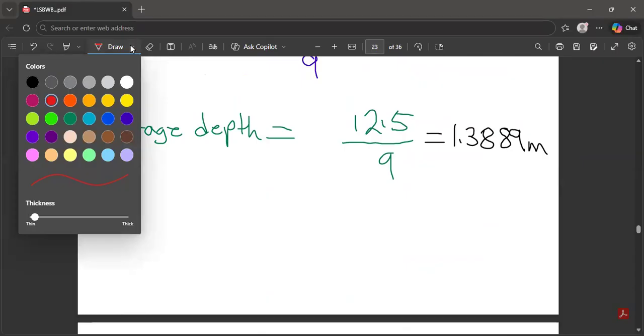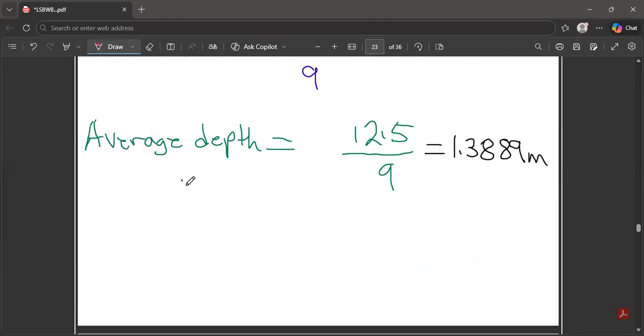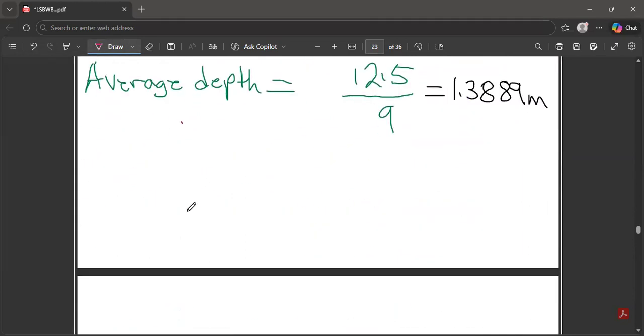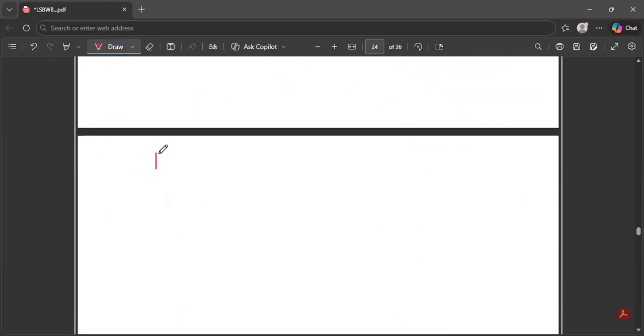We are looking for the total area of the site.